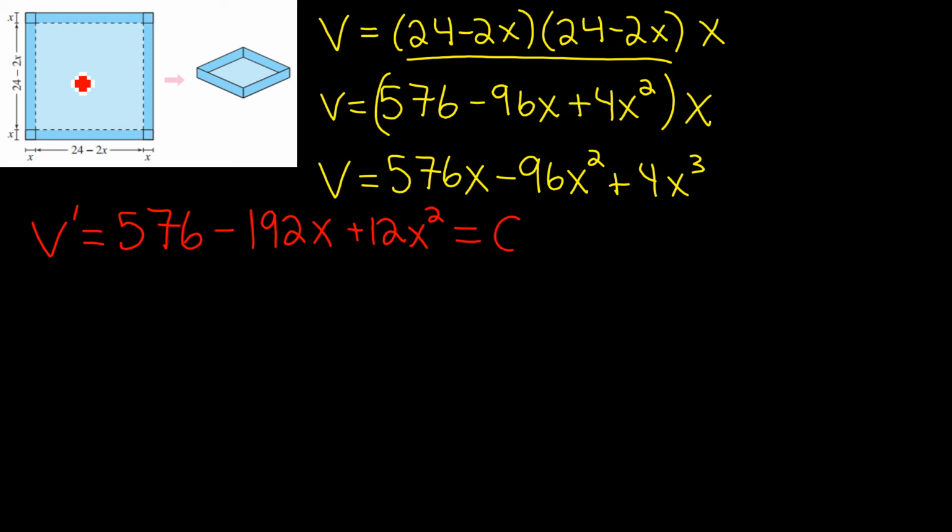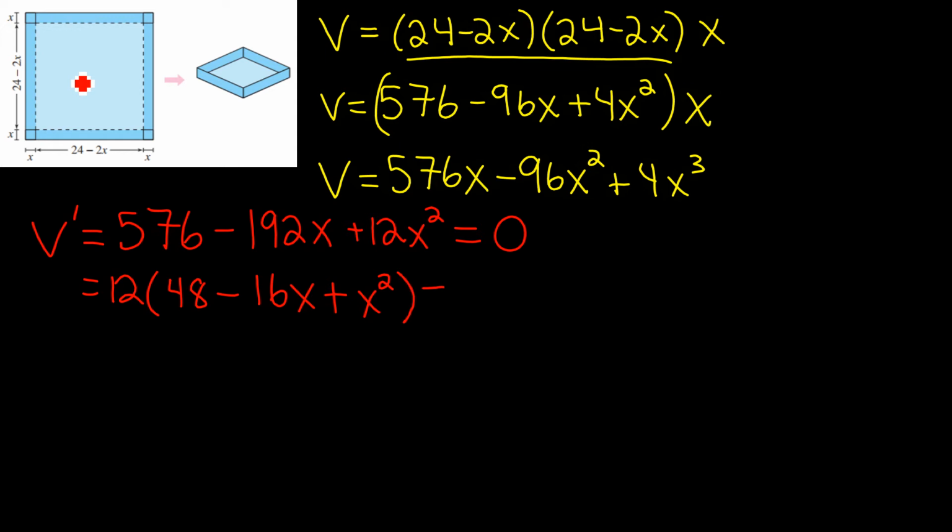Well, one thing I do notice is that all of these terms, and you may not see it initially, have 12 inside of them. So this is the same thing as 12 times 48 minus 16x, since that is 16 times 12, and of course 12 times 1 is x squared.